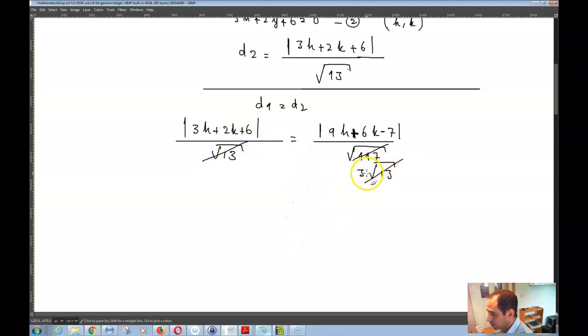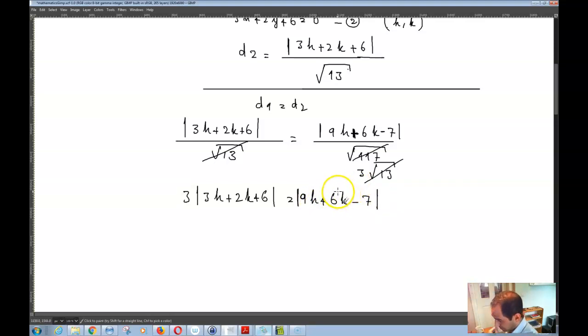If I multiply the numerator by a factor of 3, I will get 3 times the absolute value of 3h plus 2k plus 6 is equal to the absolute value of 9h plus 6k minus 7.